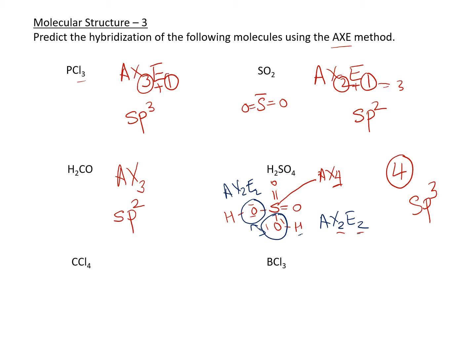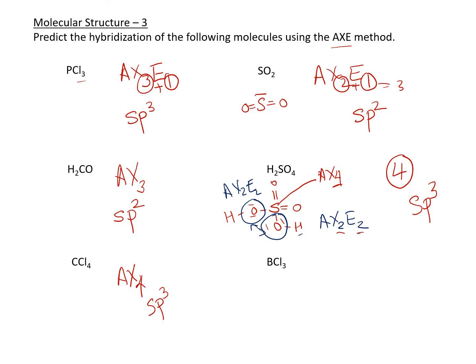Let's look at the next one, which is CCl4. Carbon is in group number 4, 4 electrons. This one is pretty simple and straightforward, because you will have AX4 as your AX formula. If it is AX4, it means that the hybridization is sp3, because you need 4 electron groups. The total of sp3 is 4 orbitals.